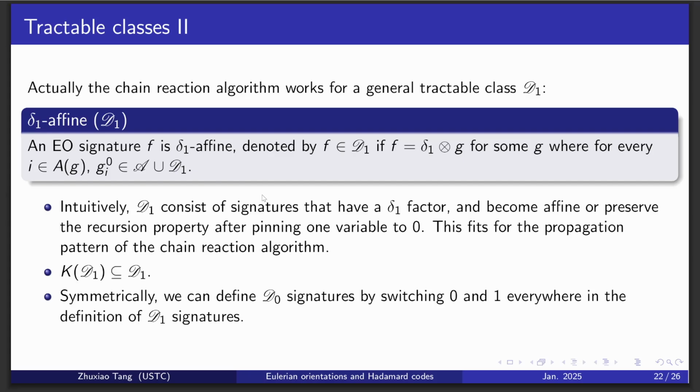So the D1 class is defined recursively. And the delta 1 affine kernels are subclasses of D1. Actually, they are the first level of the hierarchy in this recursive definition. Symmetrically, we can also define D0 signatures by switching 0 and 1 everywhere in the definition of D1 signatures.